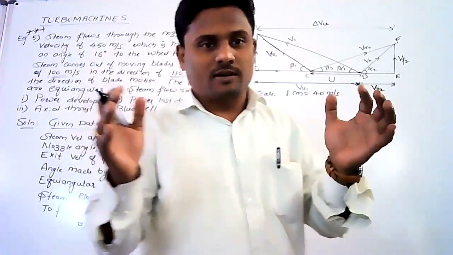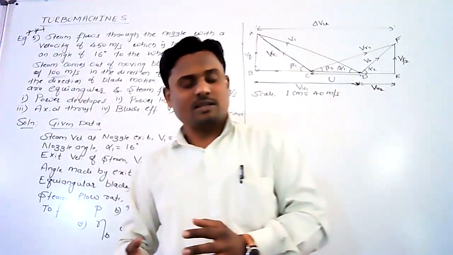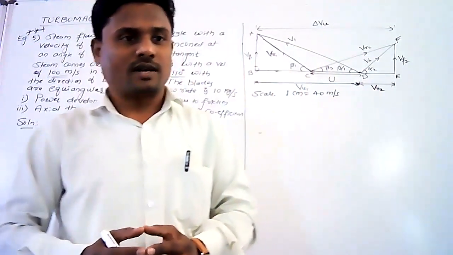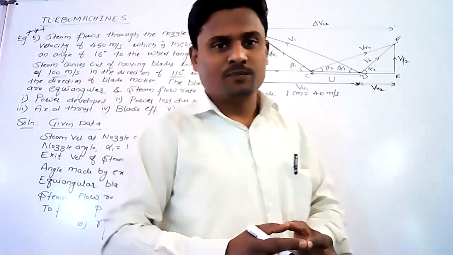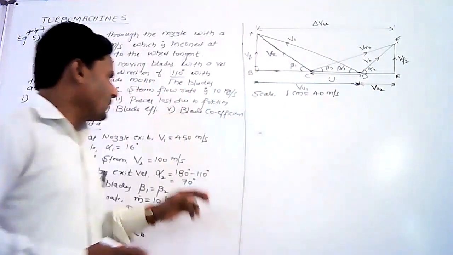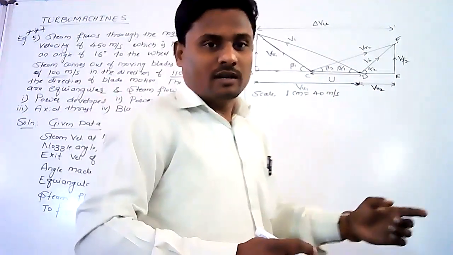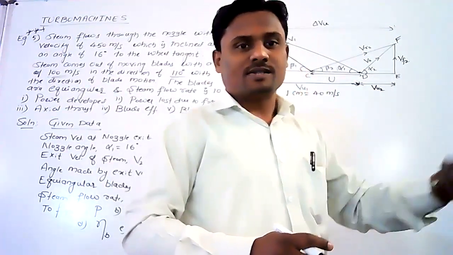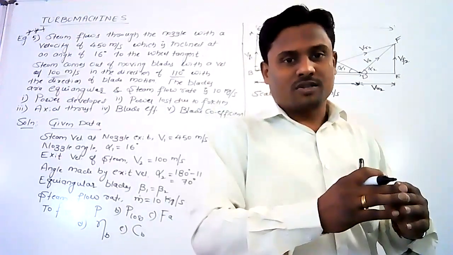In that case, we'll get a smaller graph, and there are chances of errors or much difference in the answer. So try to adjust the scale such that V1 is more than 9 centimeters but less than 12 centimeters, so that the graph does not cross the margin.